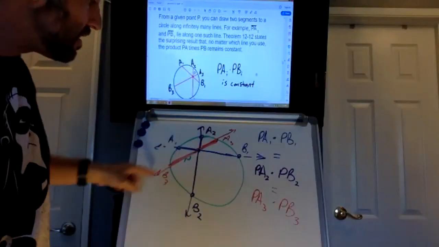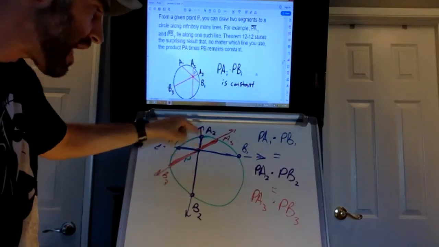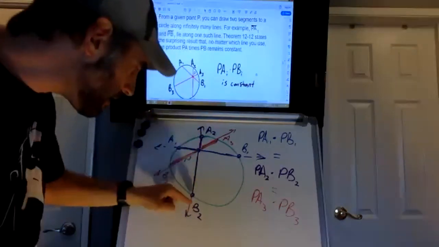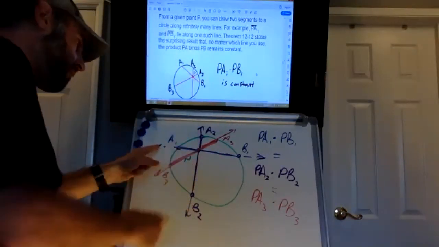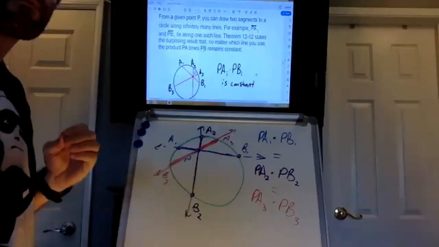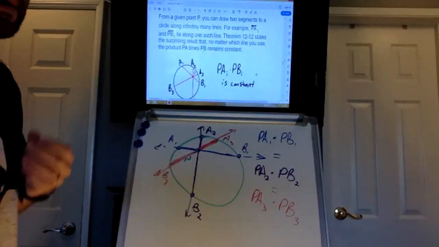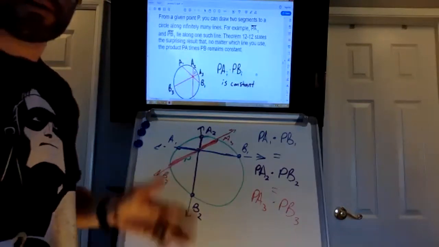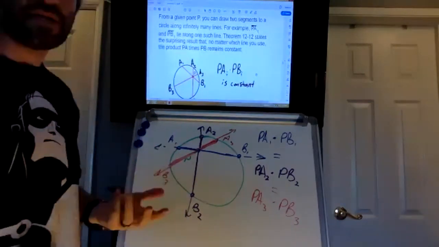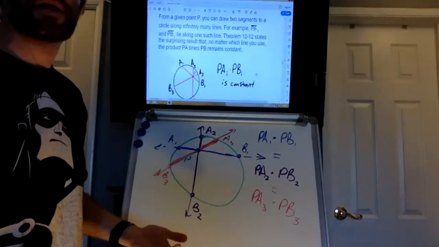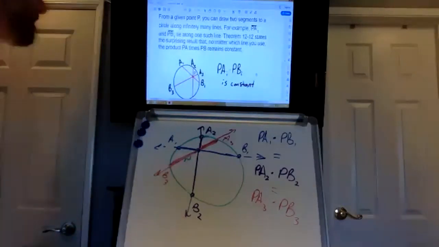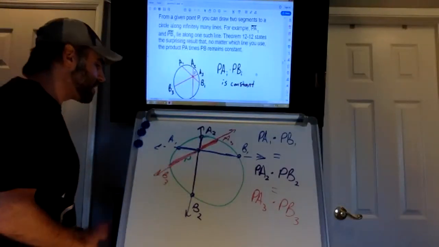One way, the other way. If you're along the purple line, it's that way and that way. If it's along the blue line, it's that way times that way. But the product is always the same. Really weird, not intuitive. It does not seem like there's any particular reason why that would be the case. And so it's going to be our job to prove that.